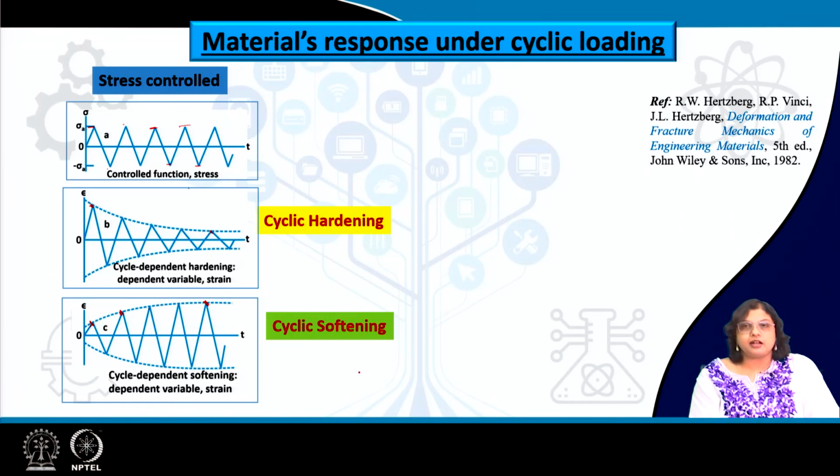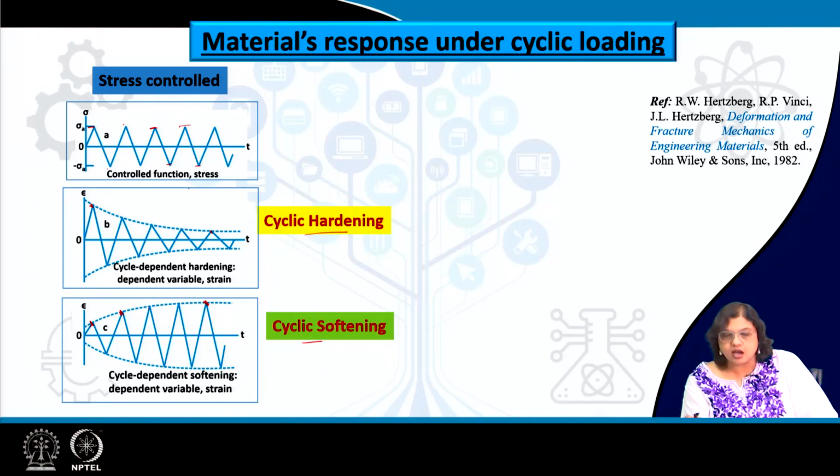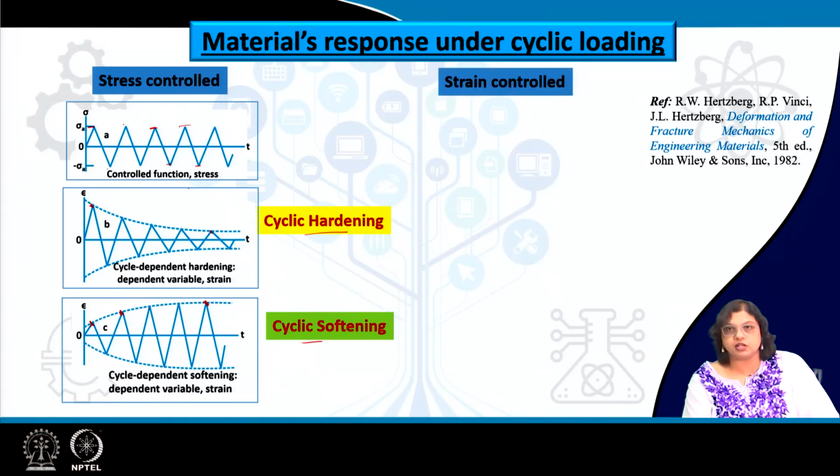A material can either show a cyclic hardening behavior or a cyclic softening behavior, or a mixed mode kind of behavior often. So, let us see how the behavior would have been if we had used the strain controlled mode, as we typically do for the low cycle fatigue behavior.